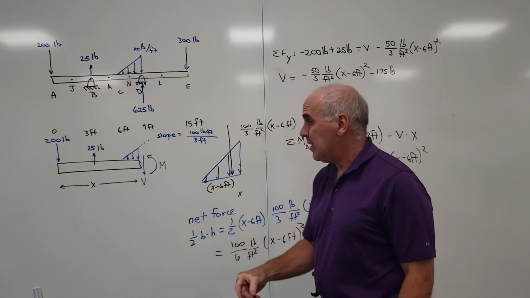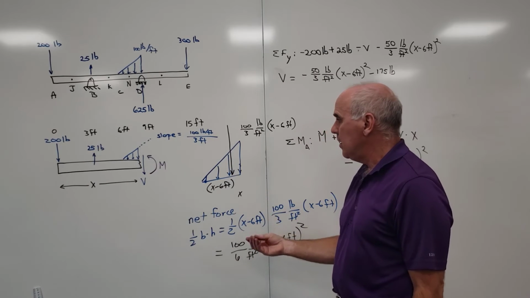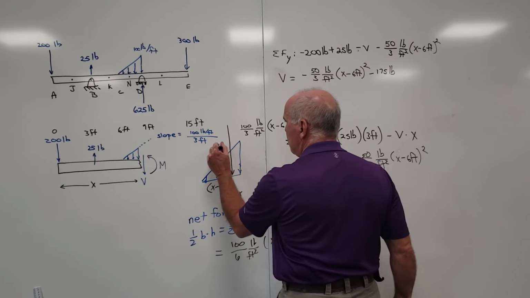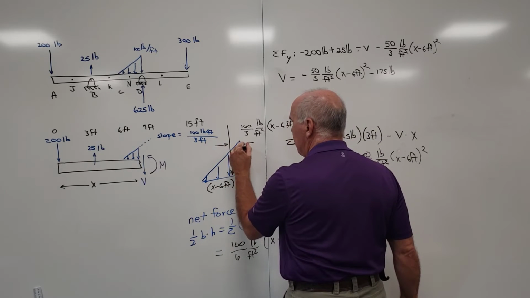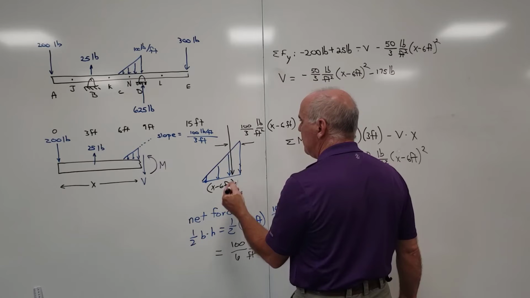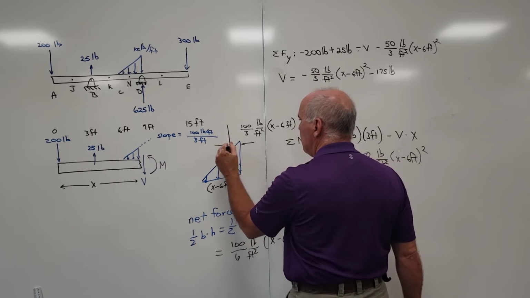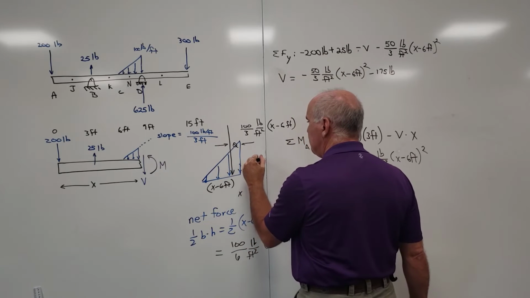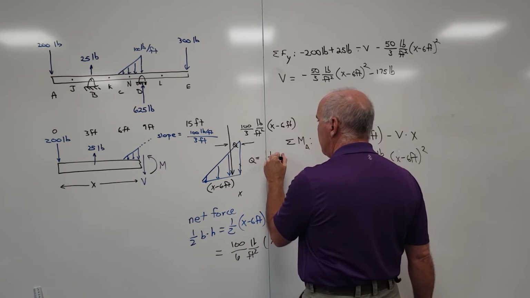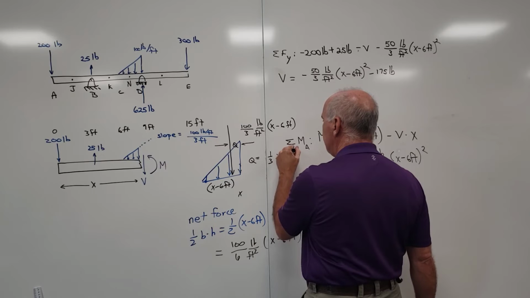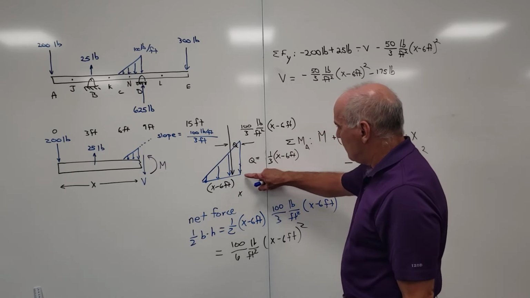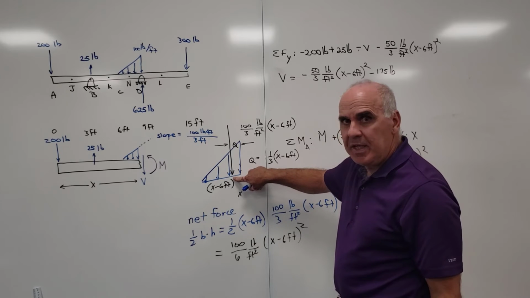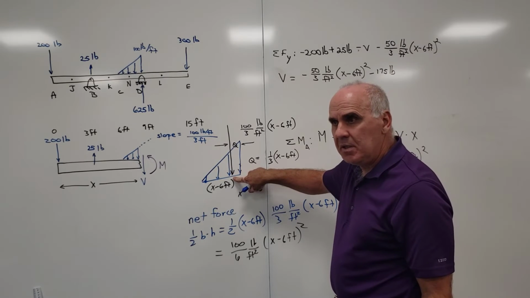Okay, there's the force. Now what's the distance? The distance is right here. This distance from here to there is 1/3 the base. So that distance, let me call that Q for a second. Q is equal to 1/3 x minus 6 feet. So this is x, and I have to come back 1/3 x minus 6 feet.